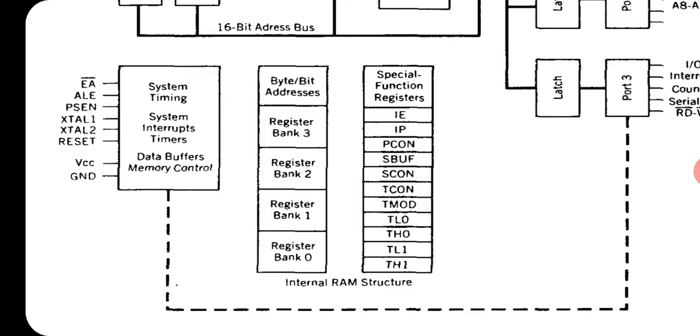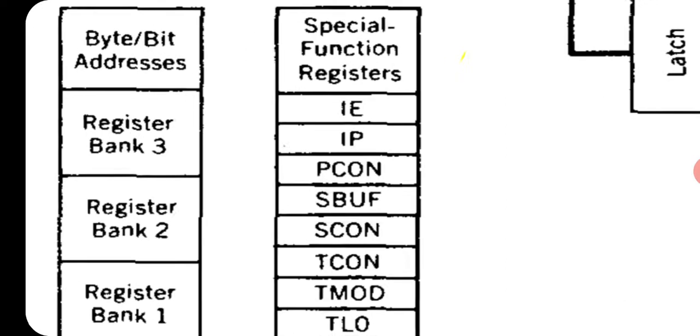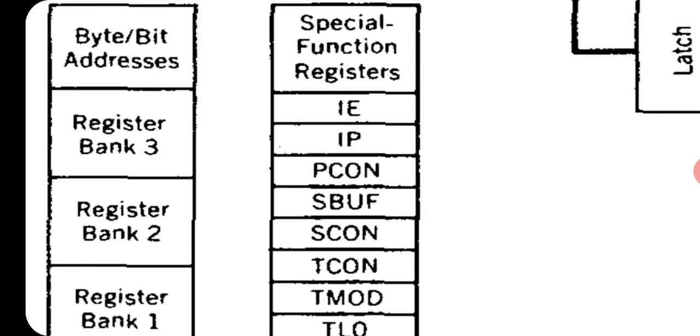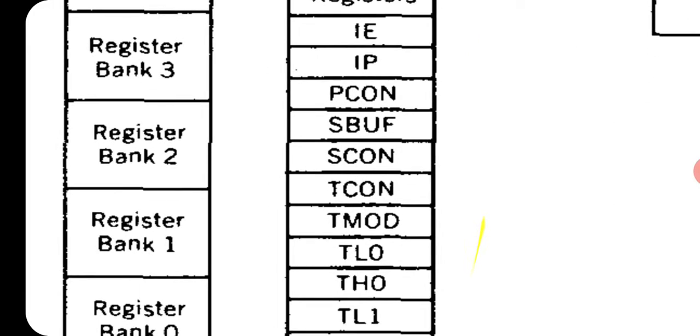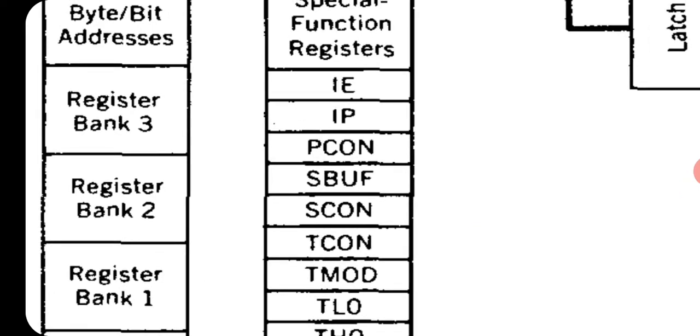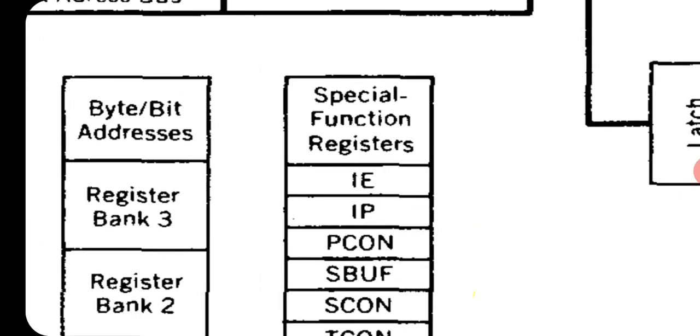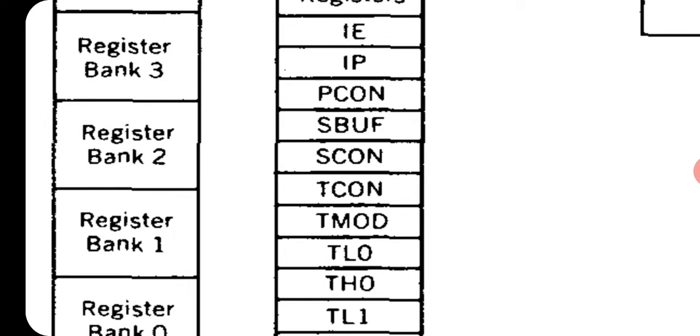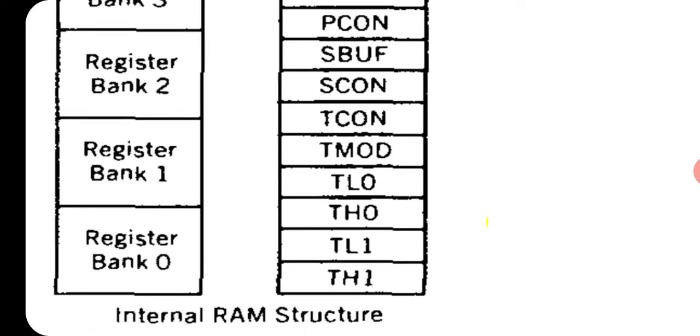Then some of the SFRs are listed out here, special function registers: IE, IP, PCON, SBUF, SCON, TCON. They have different names: interrupt enable, interrupt priority, power control, serial buffer, serial control, timer control, timer mode, timer low, timer high, timer low 1, timer high 1, all these are there.